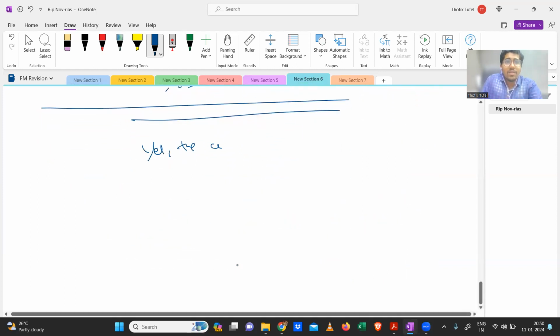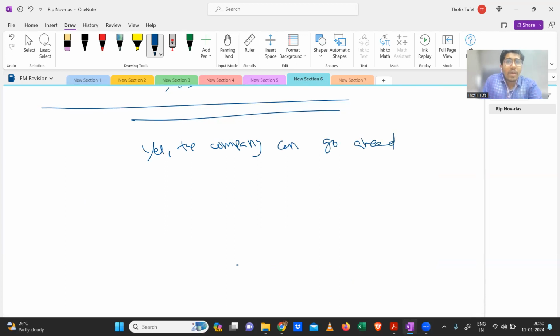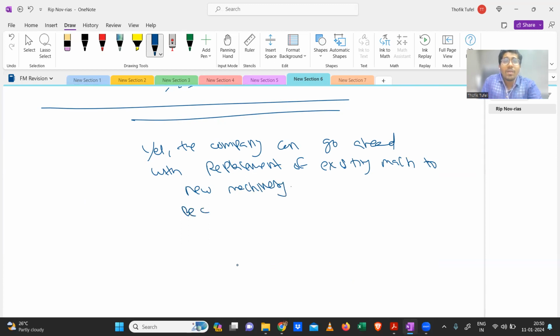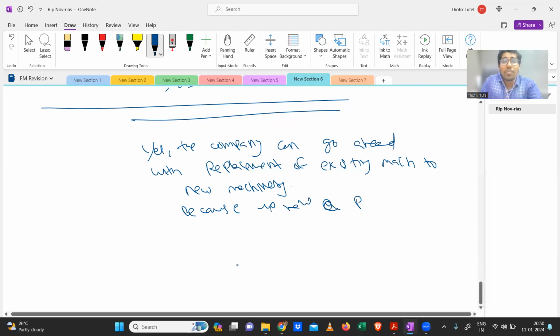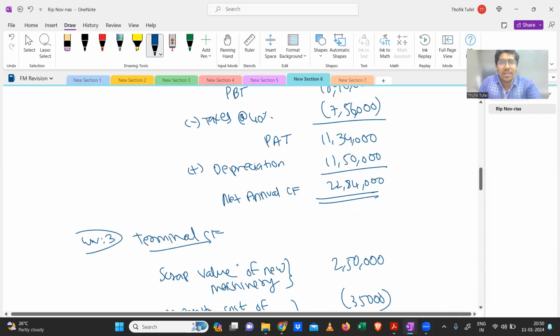Yes, the company can go ahead with replacement of existing machinery with new machinery. Why? Because we have a positive NPV. Just write that amount.